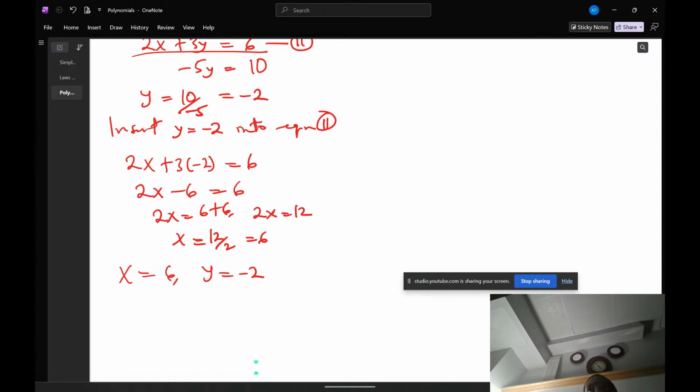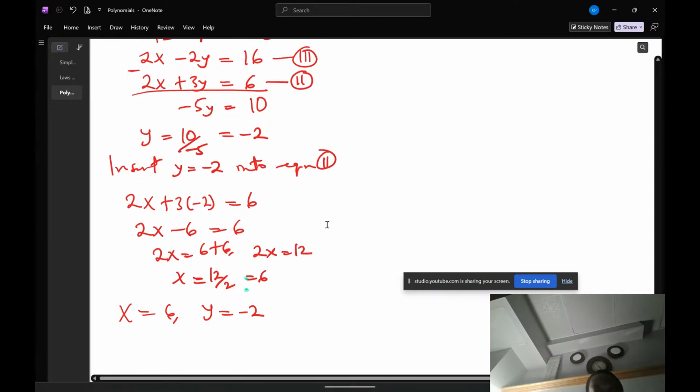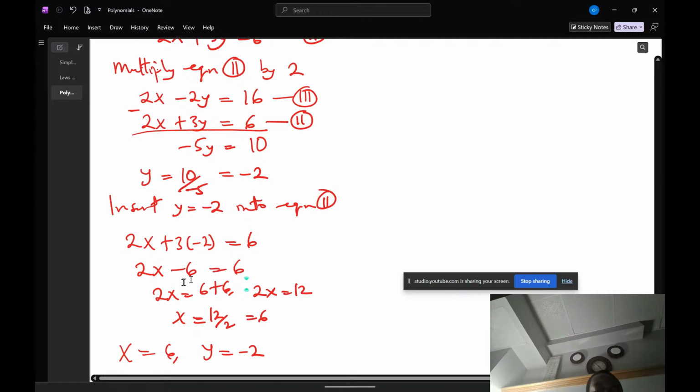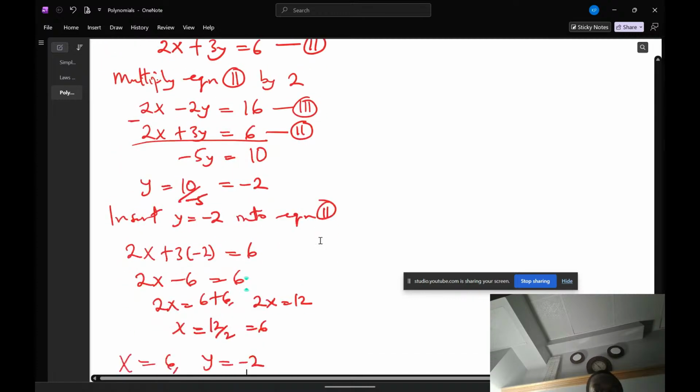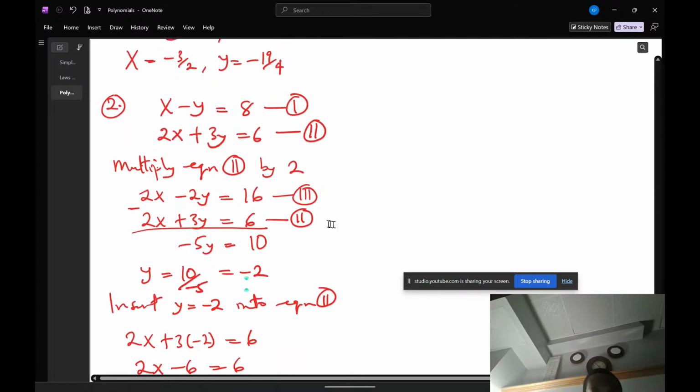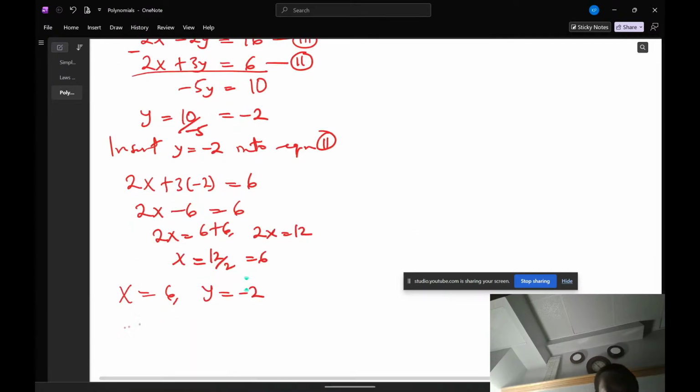Okay. And if we want to check if what we did is right, we can also check it by substitution. Now, for equation 1, we had x minus y is equal to 8.